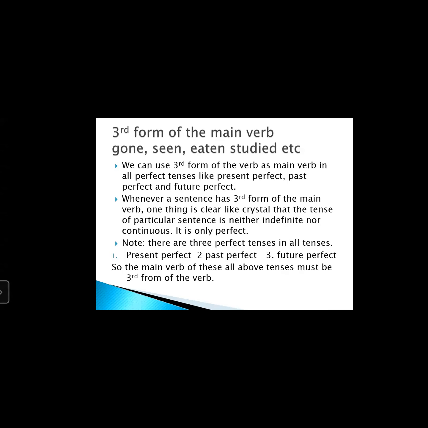It's only perfect. जब भी किसी सेंटेंस में थर्ड फॉर्म ऑफ द वर्ब यूज्ड होगी तो एक चीज आपके लिए बहुत क्लियर है, और वो ये है कि ना तो ये इंडेफिनिट टेंस है ना ही कंटीन्यूअस टेंस है, ये ओनली एंड ओनली परफेक्ट टेंस है. ठीक है, प्रेजेंट परफेक्ट होगा या पास्ट परफेक्ट होगा या फ्यूचर परफेक्ट होगा. So the main verb of all the above tenses must be third form.